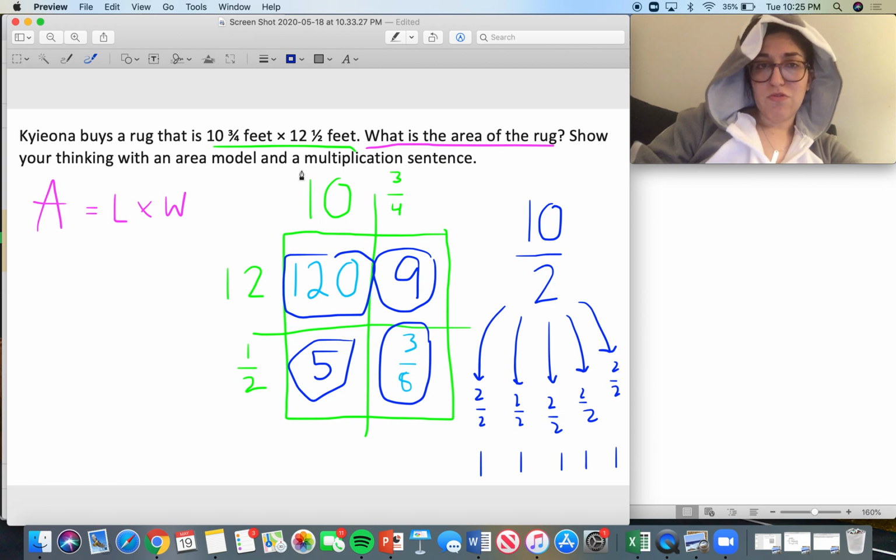So we did this part. We got the area model down. Now it says, write a multiplication sentence. Well, that's the easy part of this. I know area is length times width.